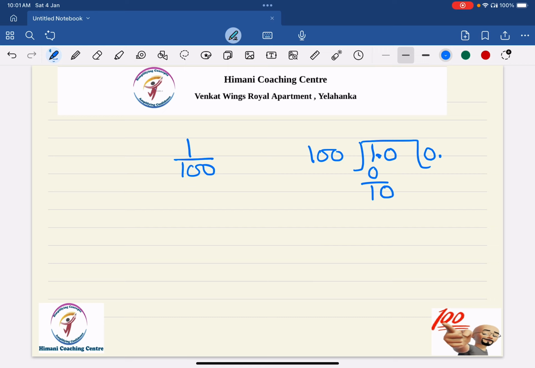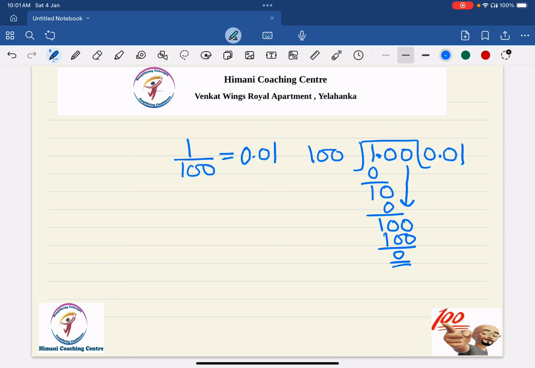Now again 10 is smaller than 100, so there will be a 0 up. Why? Because 100 times 0 is 0. So we get 10 again. Then we can put one more 0 after the decimal. And now 100 times 1 is 100. And now 1 by 100 can be written as 0.01.